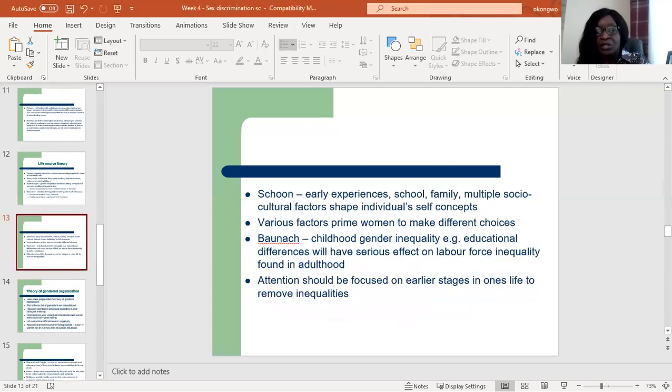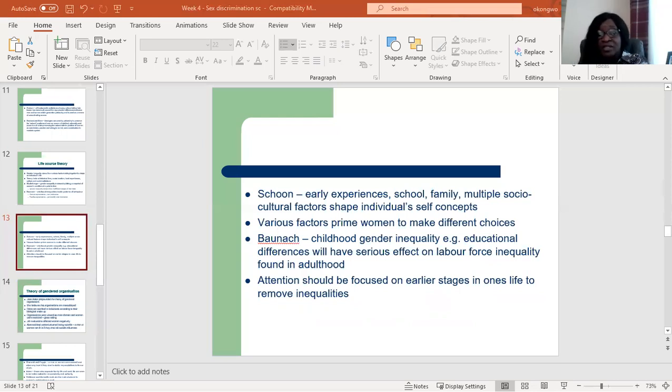Then we had Shun, who talks about early experiences in the family and the school, as well as multiple sociocultural factors that shape a person's self-concept, that is, their belief in who they are, the choices that they make, and the behaviors which impact on their experience and perceptions.